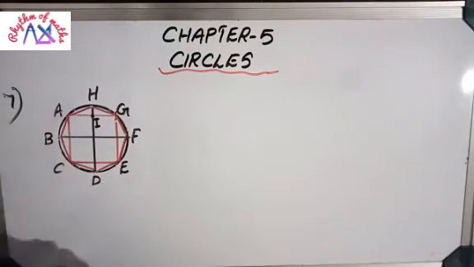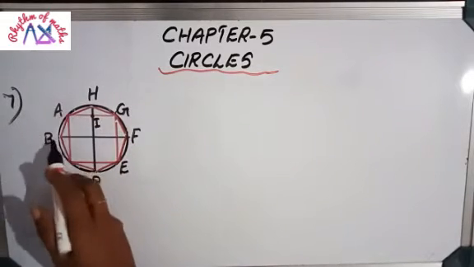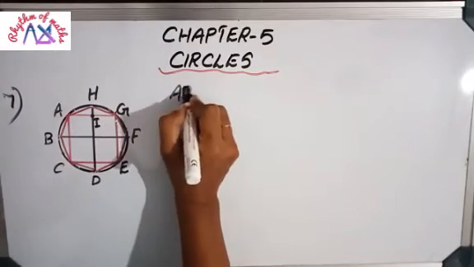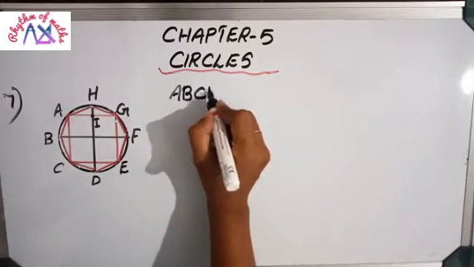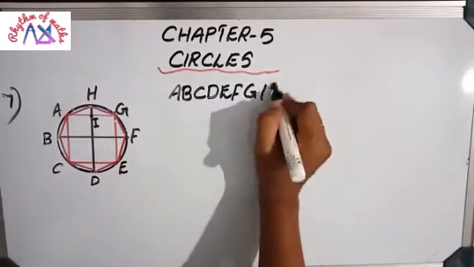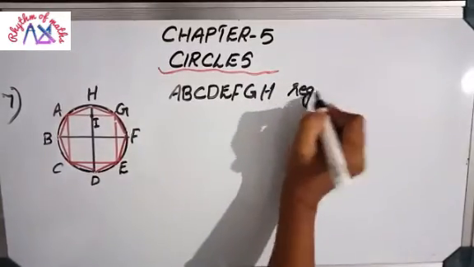We need to prove that this octagon A, B, C, D, E, F, G, H is a regular octagon. That is what we need to prove in this question.